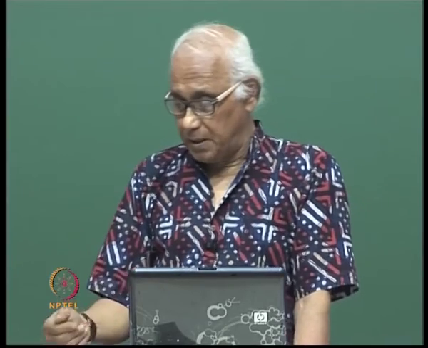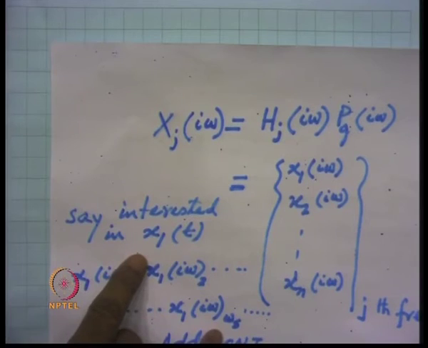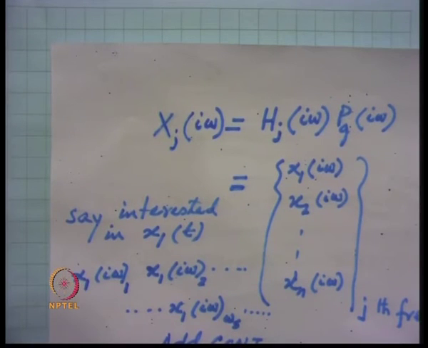The IFFT gives the response x1 in time, that is, we get a time history. Similarly, we take x2 and again add to it the complex conjugates, give it to IFFT, and from there we get the time history of the response x2(t).